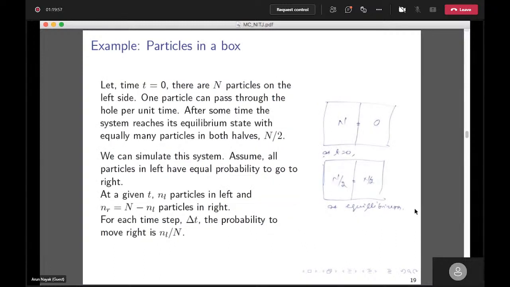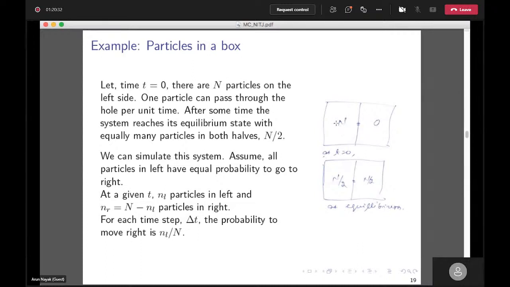Okay, I tell you another example. Suppose you have a box with a wall in between, with a small pore. In the beginning, you have n particles in the box. Now you want to find, as time passes, what is the number of particles. As time passes, particles will move from one side to the other side through this pore.